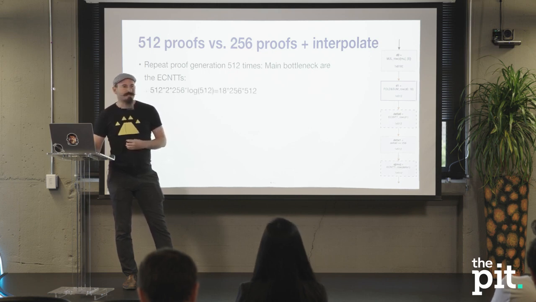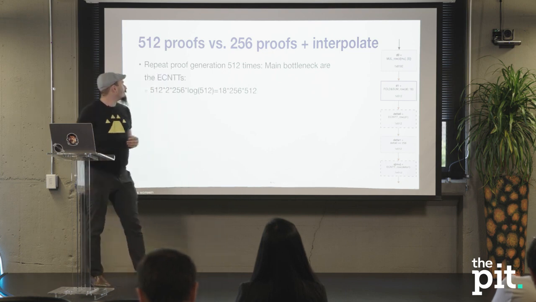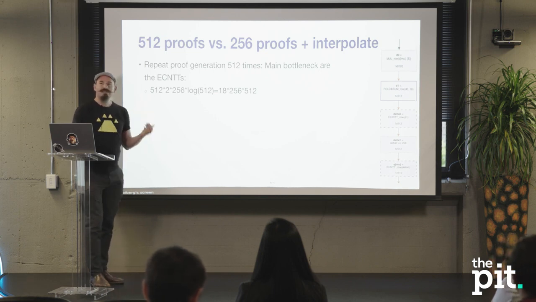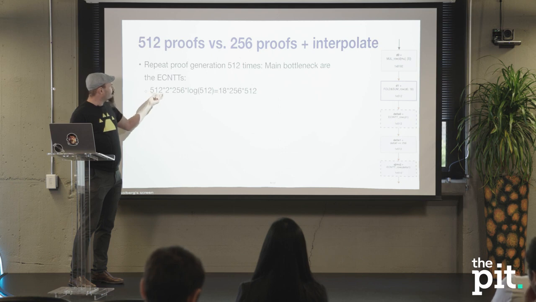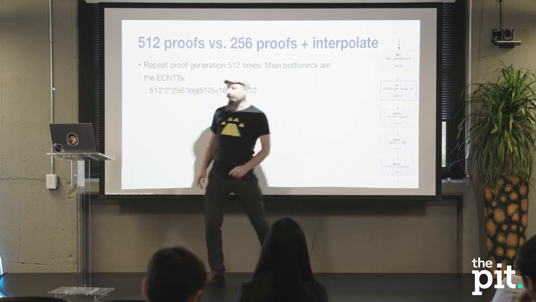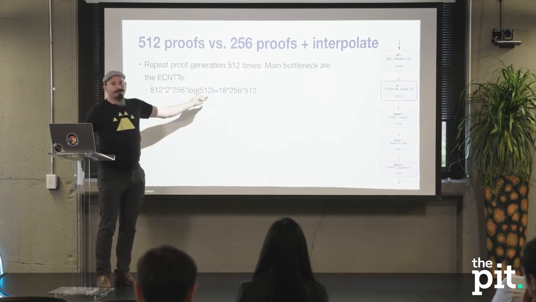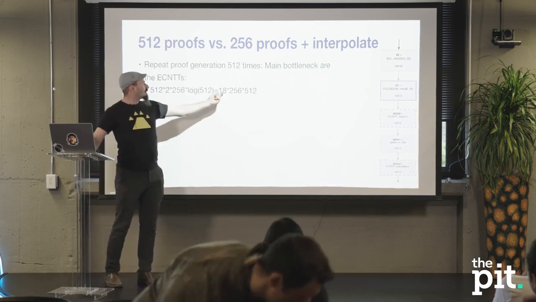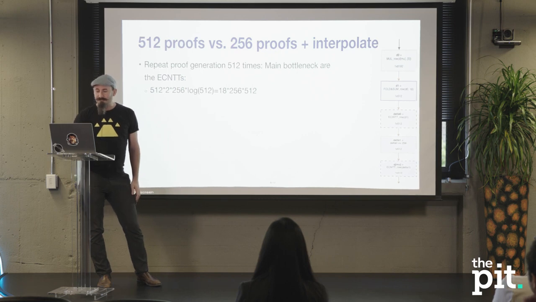So let's do some rough computations. The main bottlenecks are the EC NTTs, and if we do it 512 times, what we're going to get is 512 times 2, because we have 2 NTTs, one inverse, one forward, and 1/2 512 log 512, which in total gives us 18 times 256 times 512.